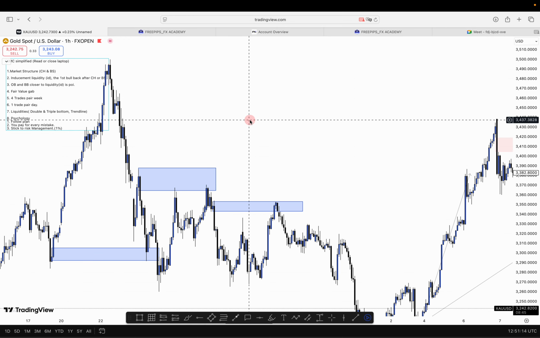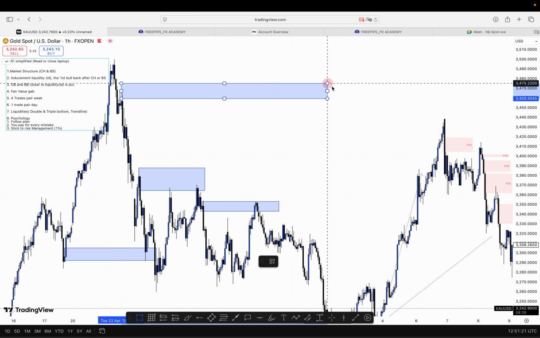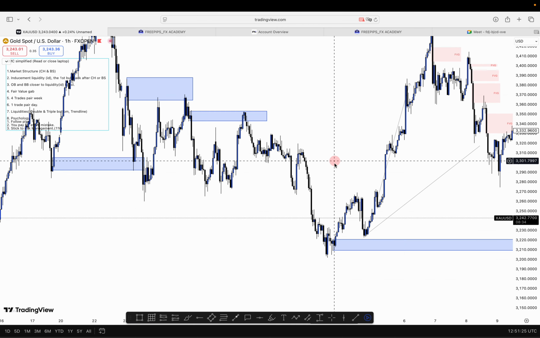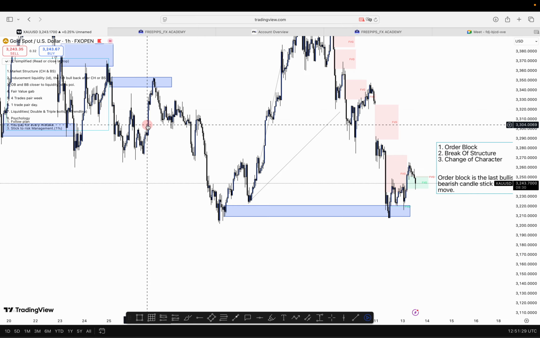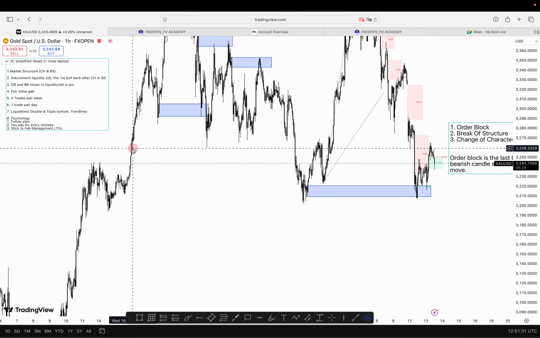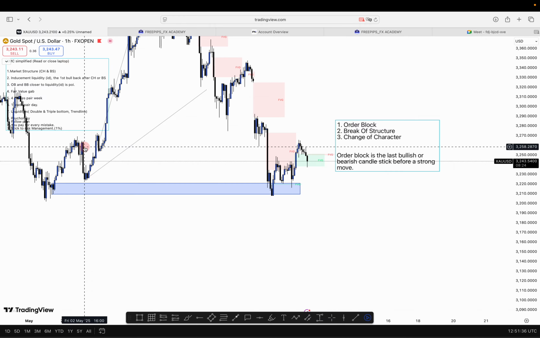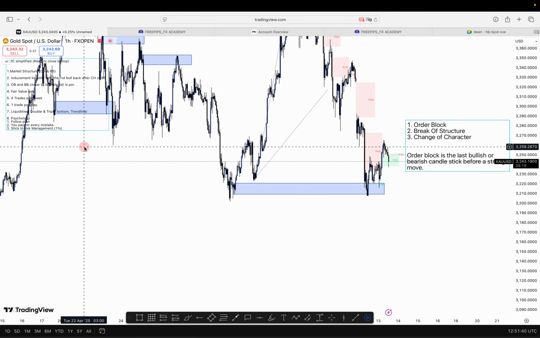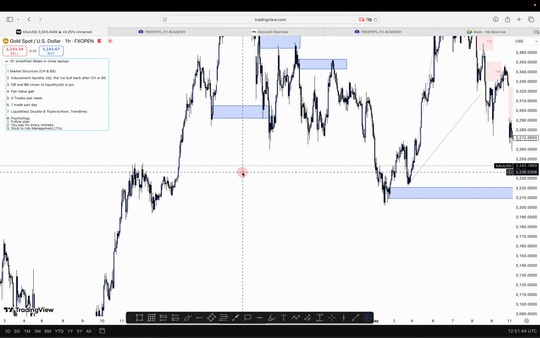So we are still identifying order blocks. Let me see if price has respected it yet. Why is it always the last bullish or bearish candlestick before a strong move? Because institutions, those big guys who trade huge funds, it is where they take their trades.